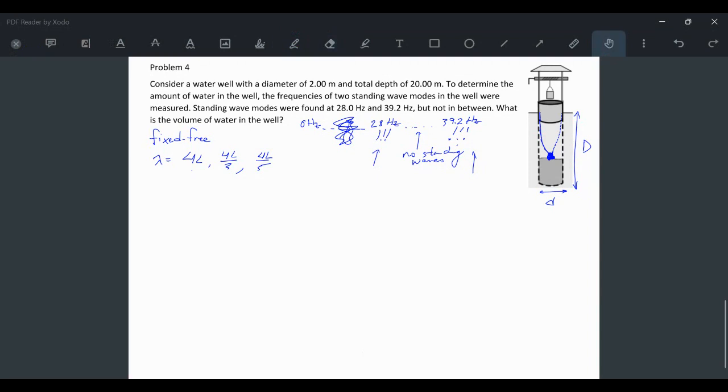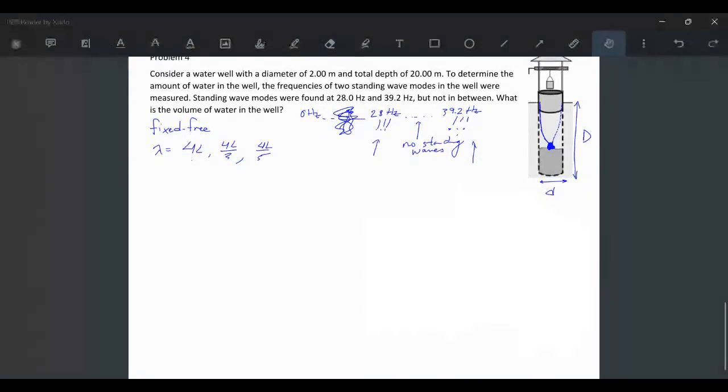Okay, so where do we want to start? What we know is I'm going to call this first one the mth mode, the m mode. We don't know what it is, so we're going to give it a variable m. It might be the 5th, it might be the 7th, it might be the 9th, who knows.